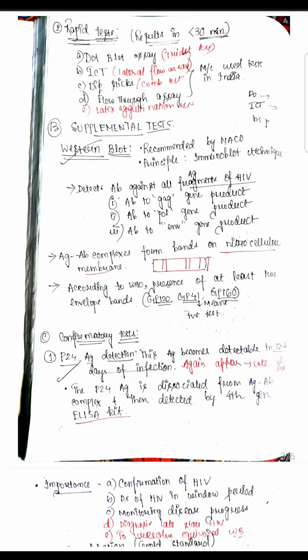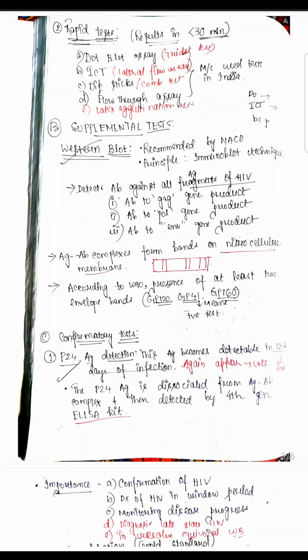Okay. So these were the rapid tests, out of which the dot blot assay, the ICT, and the dipsticks are easy as well as important. Remember, the dipstick is nothing but a kit or an identifying card to which the serum is added, and then the test is done and checked for the antibodies, and that gives a very quick result of immunochromatographic test.